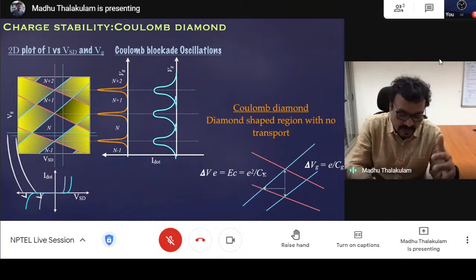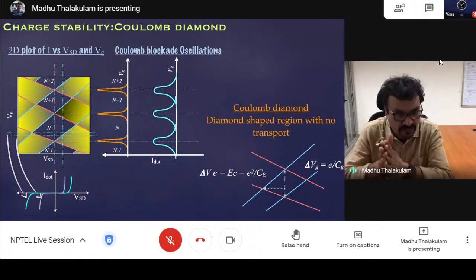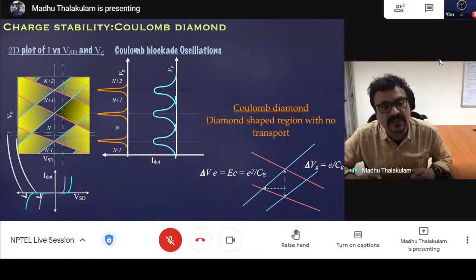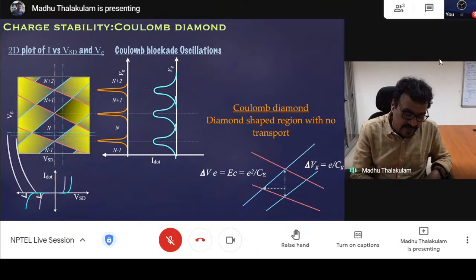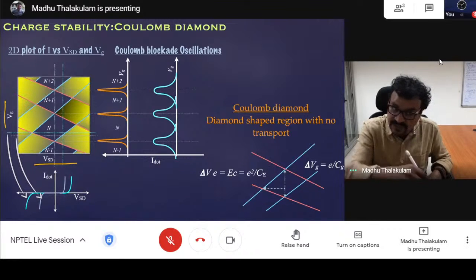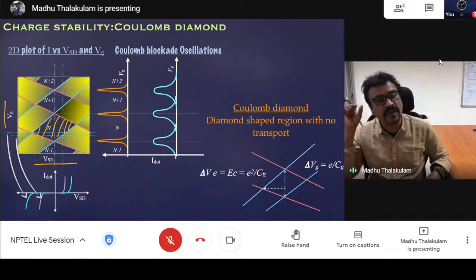The black or dark color here means no current flowing through, and once you are out of that region, the current will rise. When you do such a plot, you will get diamond shaped regions of no current flowing through, and this is called a Coulomb diamond.